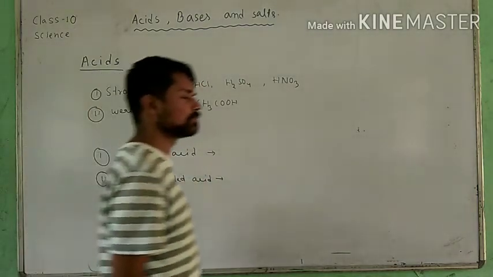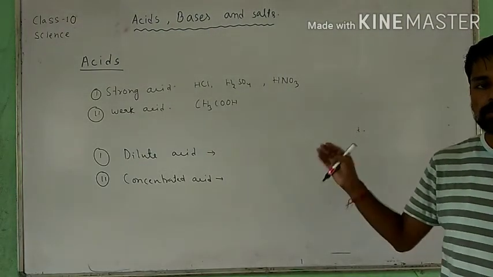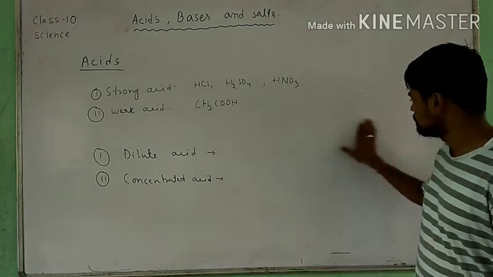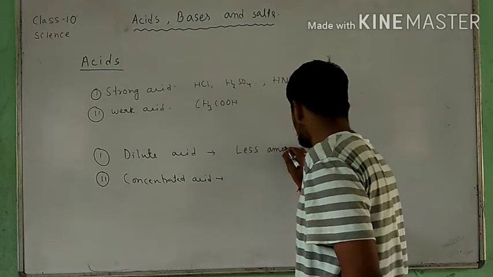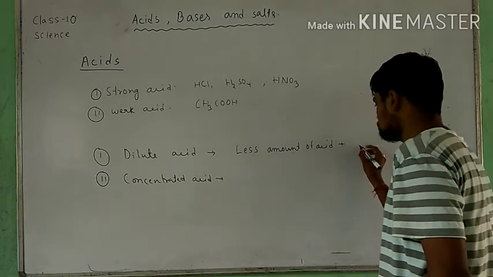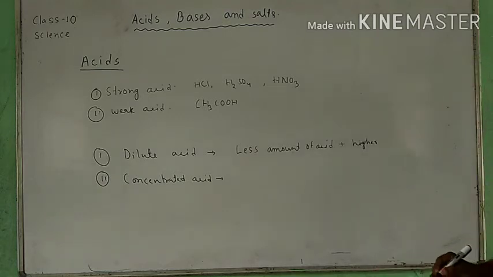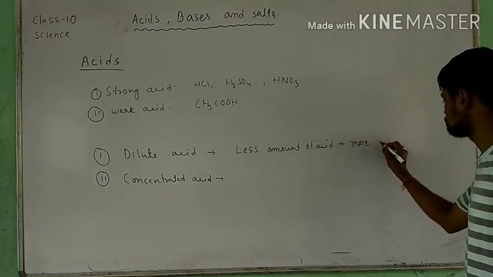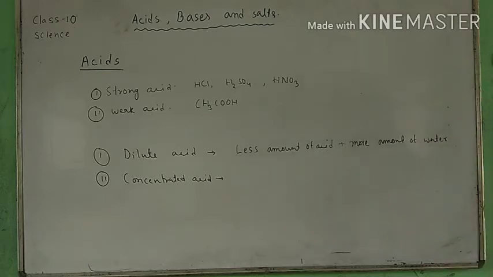The acid in which the amount of acid is low and the amount of water is high is known as dilute acid. So simply write: less amount of acid plus higher amount of water, then it is known as dilute.